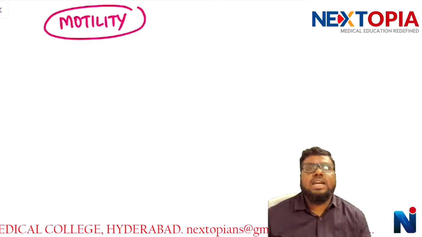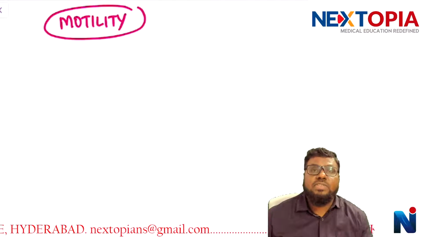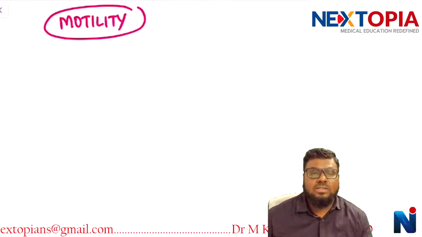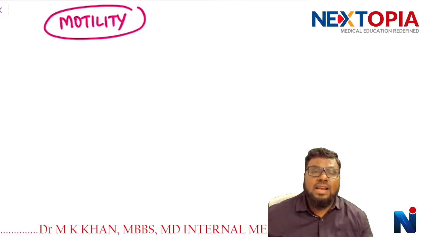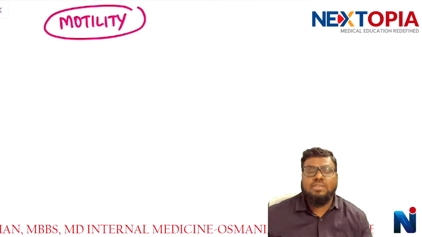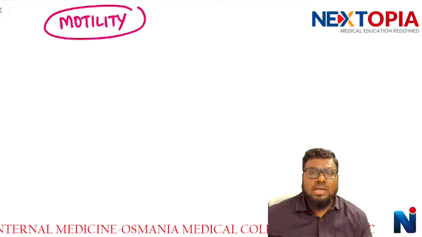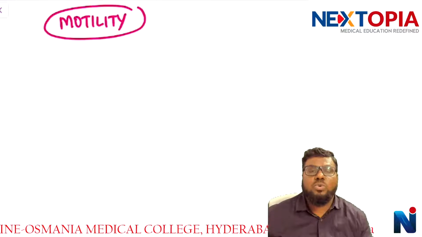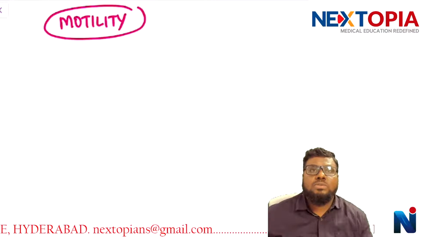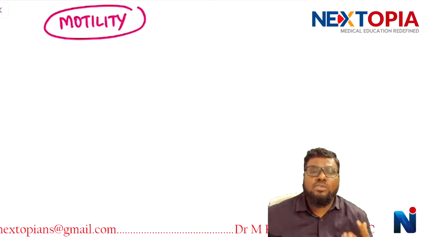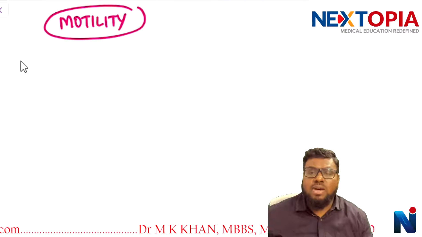The motility of the GI tract is a characteristic feature of the smooth muscles present in the GI tract. The smooth muscle, under its electrical activity, has a resting membrane potential. Whenever this membrane potential changes from minus 40 to minus 65, close to depolarization, there is the beginning of contraction.